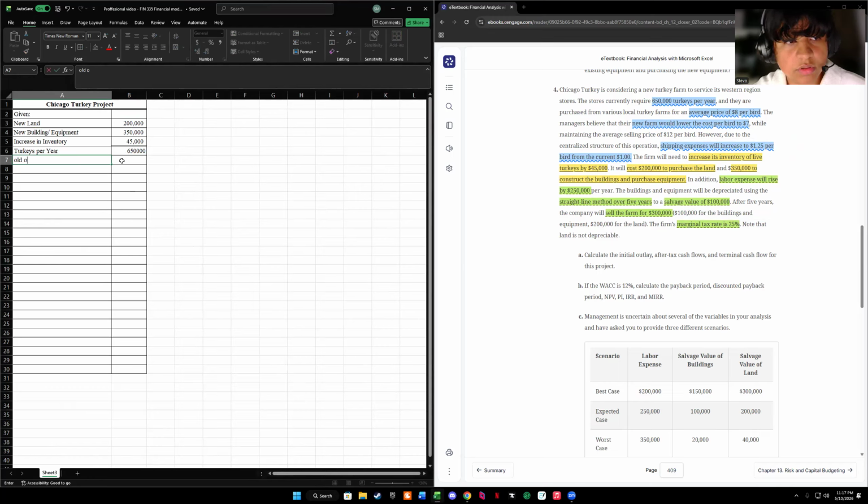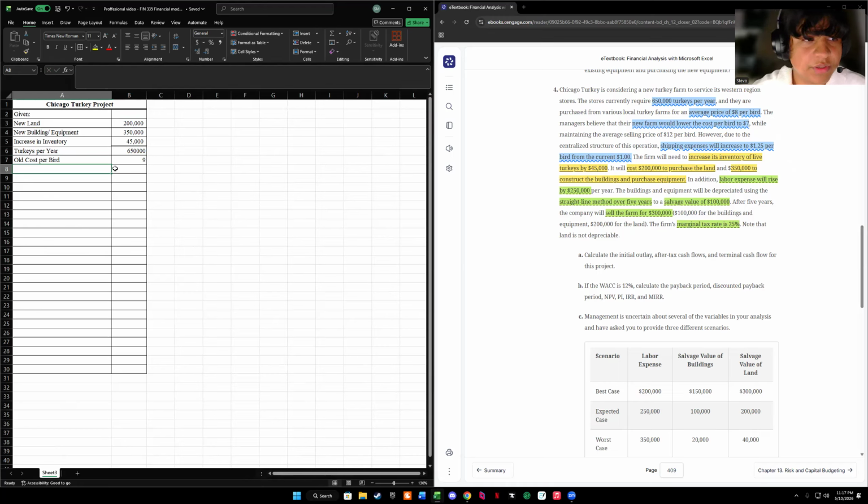So we do old cost per bird. The old cost was $8, but you also have to take into account the shipping expense, so it's actually going to be $9.